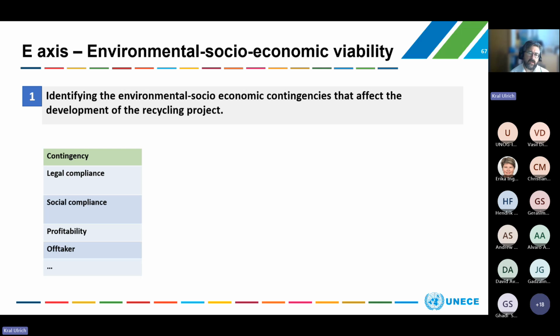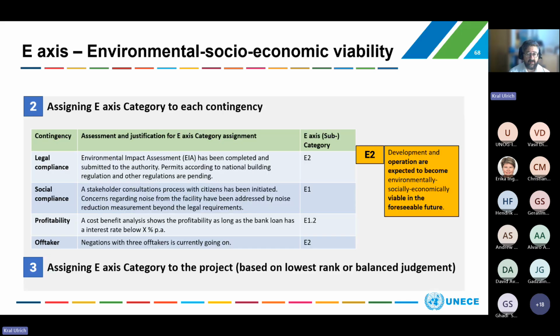It's a guidance on how to assess the projects and how to apply the UNFC. So there is a template available that you can use. And the project promoters like you have to provide a justification for all of these contingencies or criteria.